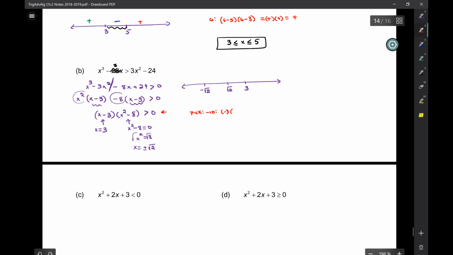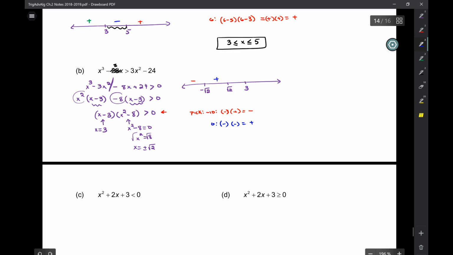Here, positive 100 minus 8, that's positive, so that gives me negative. Now, I can keep going and plug numbers. In fact, let's do one more. Here we get the 0. That's my favorite one to do because it's easiest with the computation. 0 minus 3 gives me a negative. 0 minus 8 gives me another negative. That gives me positive.